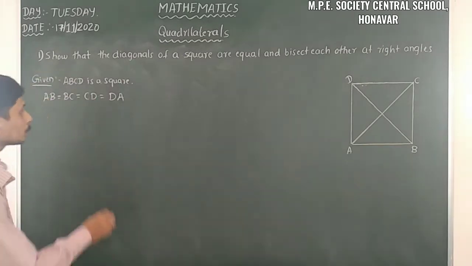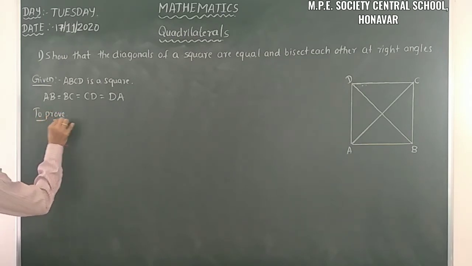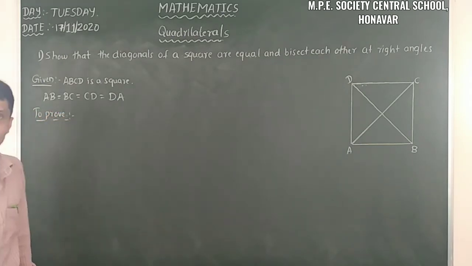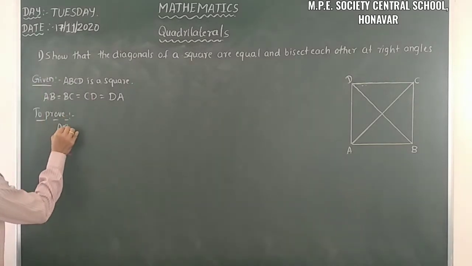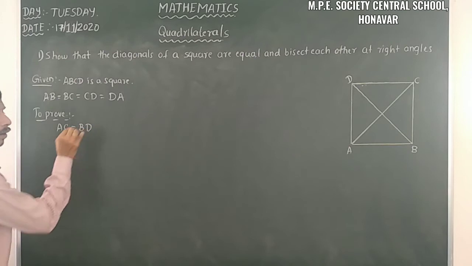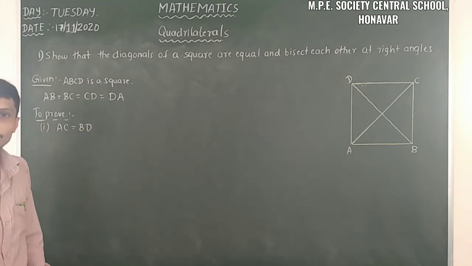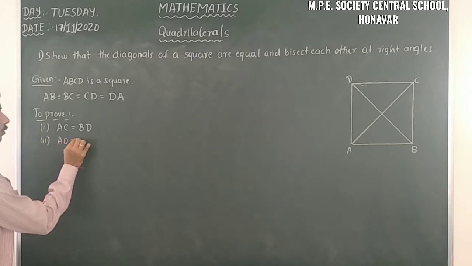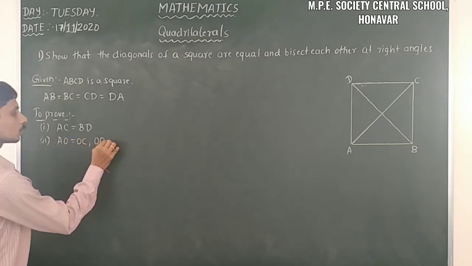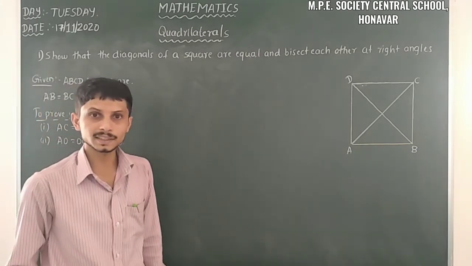Then what do we have to prove? There are 2 diagonals, AC and BD, and those 2 are equal. That is AC is equal to BD. We have to prove this in the first proof. Second, we have to prove AO is equal to OC and OB is equal to OD, because the diagonals bisect each other.